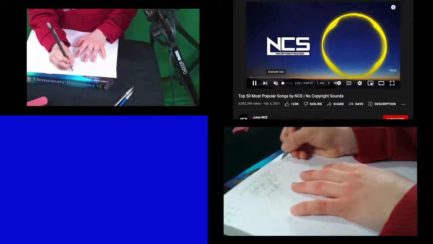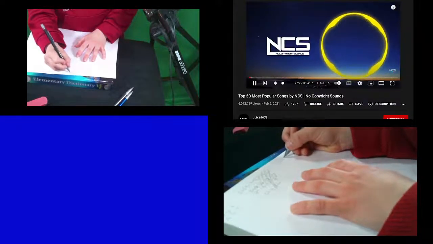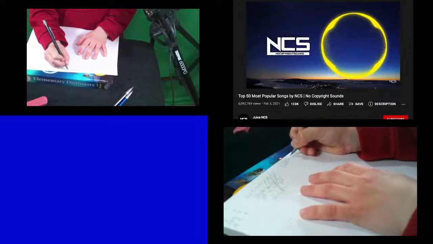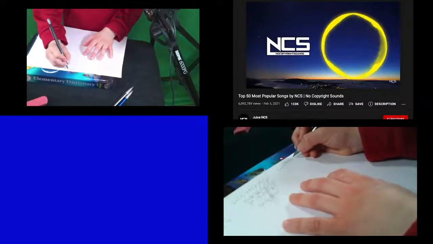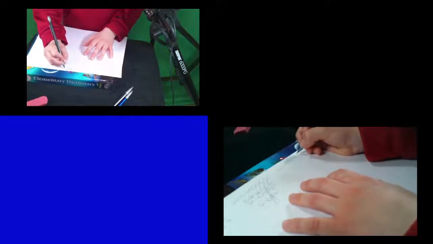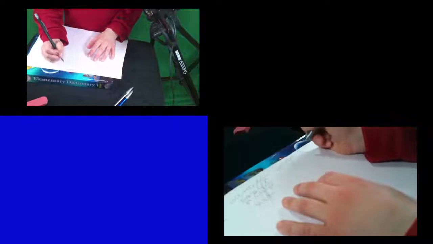5 plus parentheses 6 plus 12 divided by 3 plus 5 to the power of 3 divided by 1. So there we go. Parentheses first.